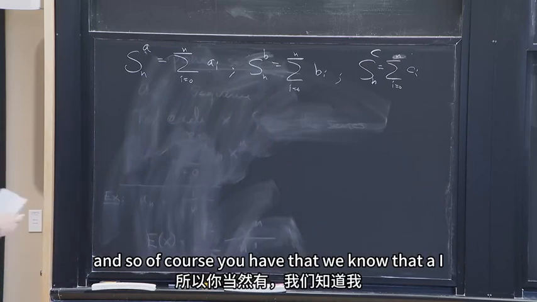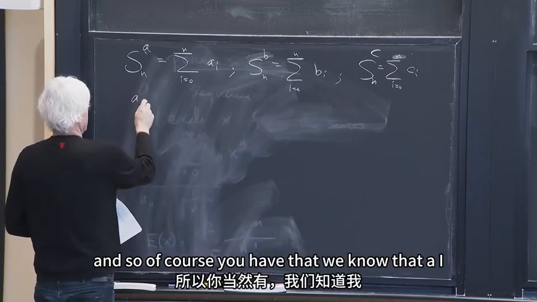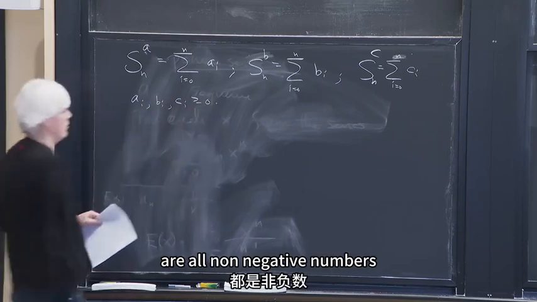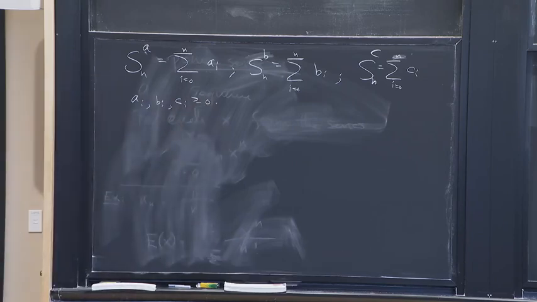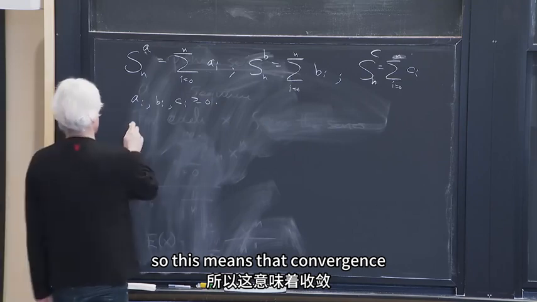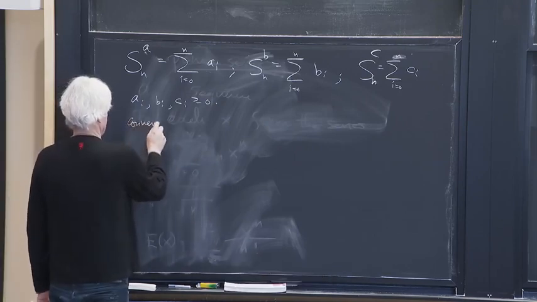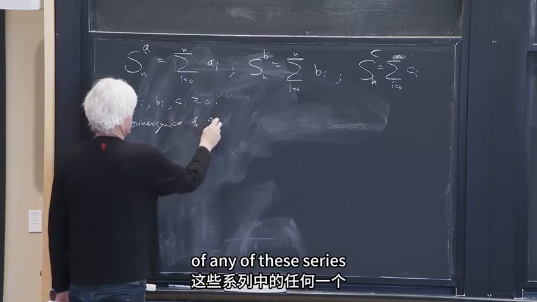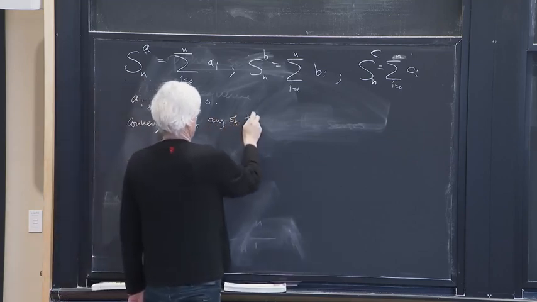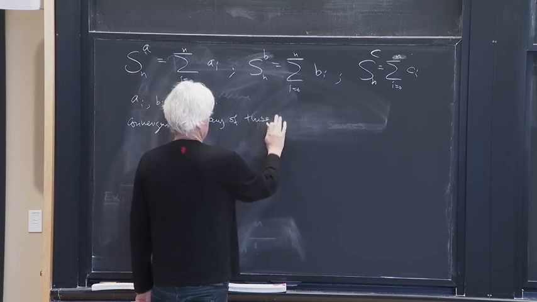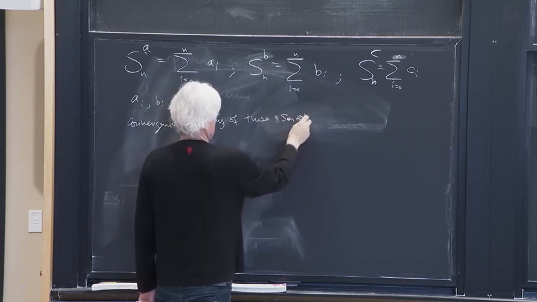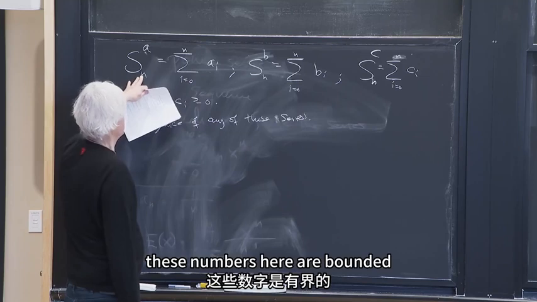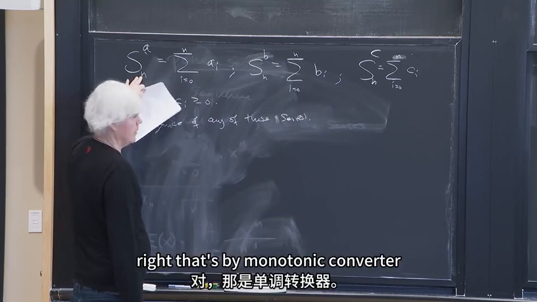And so, of course, we know that A_i, B_i, and C_i are all non-negative numbers. So this means that convergence of any of these series, say convergence of this one, is the same as saying that these numbers here are bounded. That's by monotone convergence.